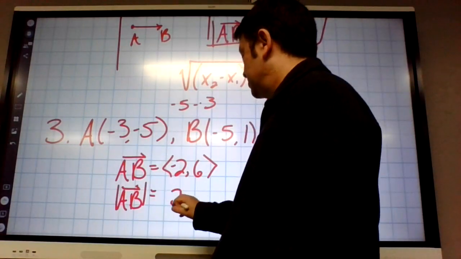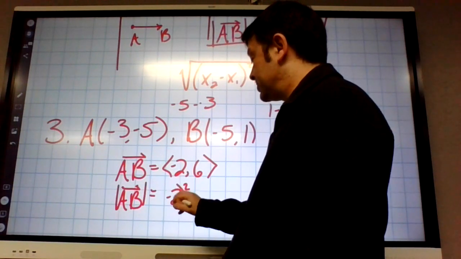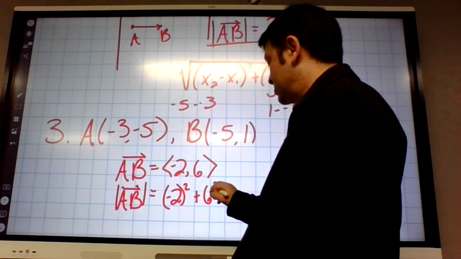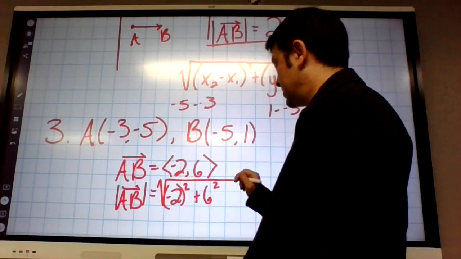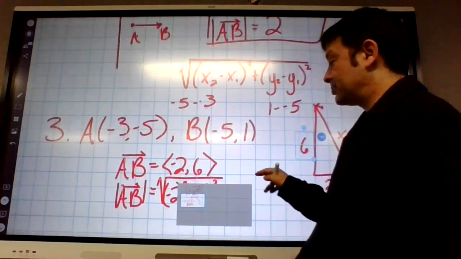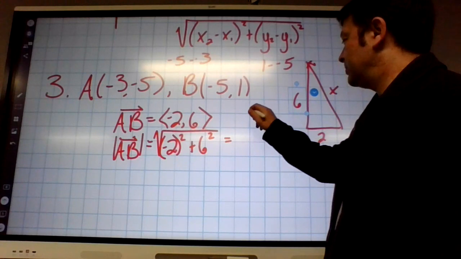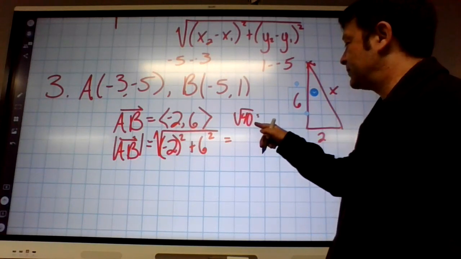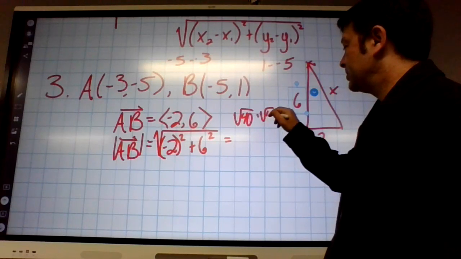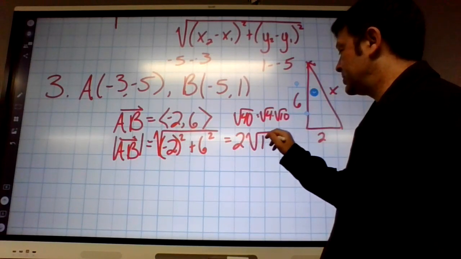Yes. So -2 squared is the same thing as 2 squared, right? You can put parentheses around it. Plus 6 squared, and that equals c squared, so you have to take the square root of that. Okay, let's go ahead and simplify that. Square root of 40 is 4 times 10, so it's 2 square root of 10.